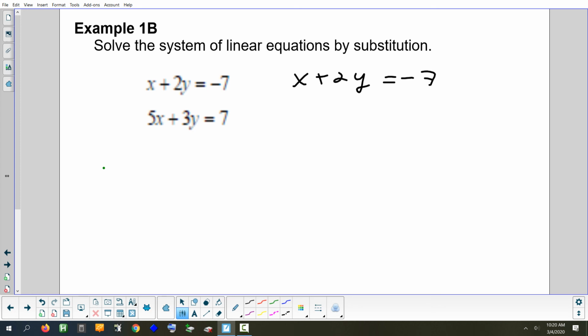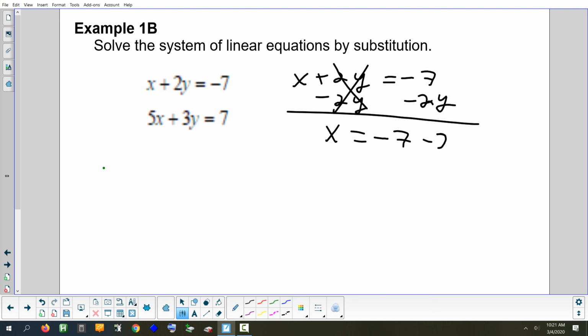So you want to move everything that's not x. Leave x alone. Subtract 2y. Yes, subtract 2y. So whatever you're getting by itself, leave that alone. Move everything else. That's gone. X equals, and Joe, can you tell me what you'd have on the other side? -7 minus 2y. Perfect.